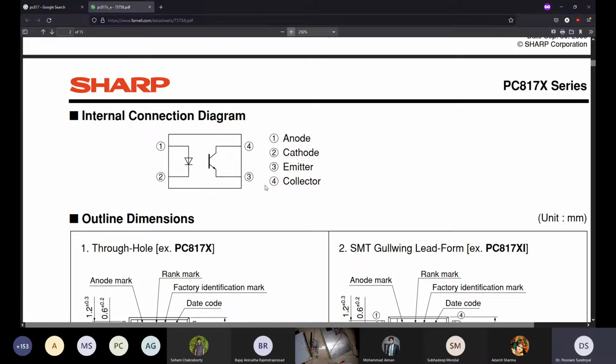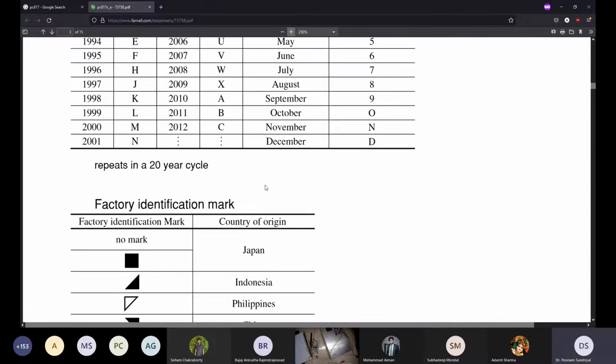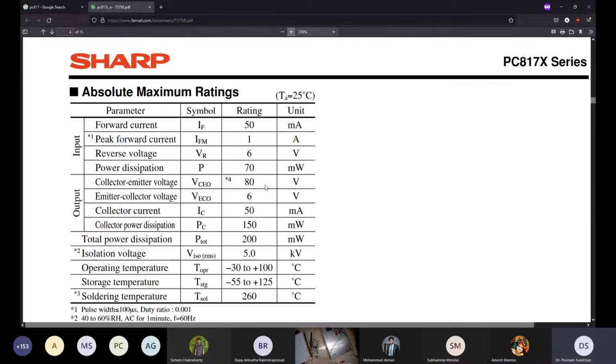Okay, so as I was saying, if we go to the ratings, these are the absolute maximum ratings. The forward current maximum rating is 50 milliampere. The maximum reverse voltage you can apply is 6 volts. After 6 volts, it breaks.